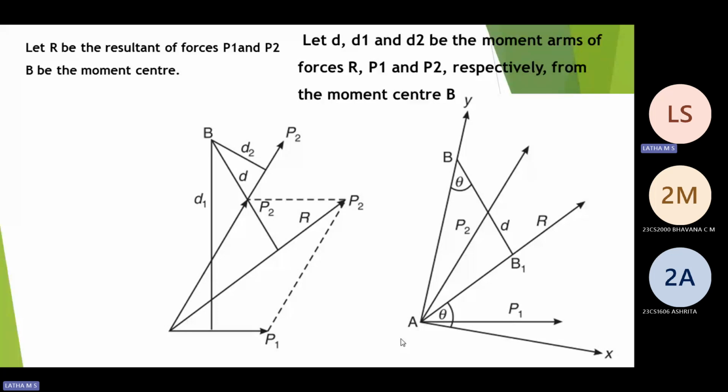By geometry, B and B1 are the perpendicular distance for the resultant. Earlier B was a perpendicular distance, but here B and B1 give the resultant distance, which is equal to D. And by geometry, we get this angle at B1 as theta.